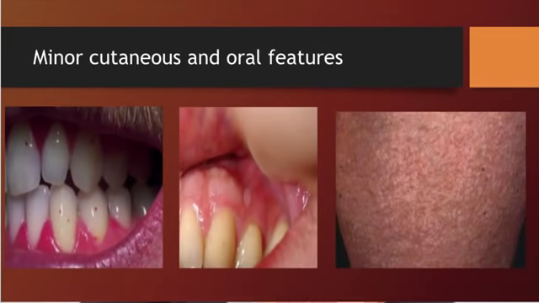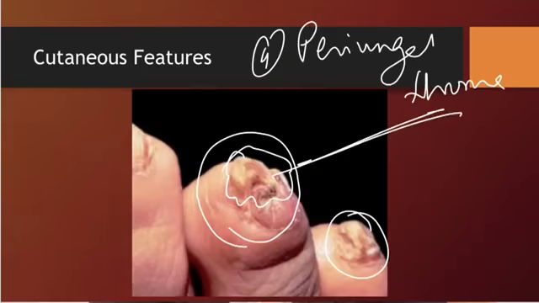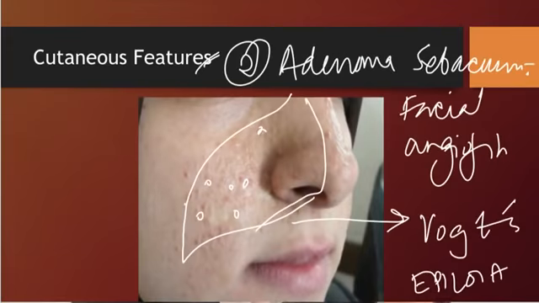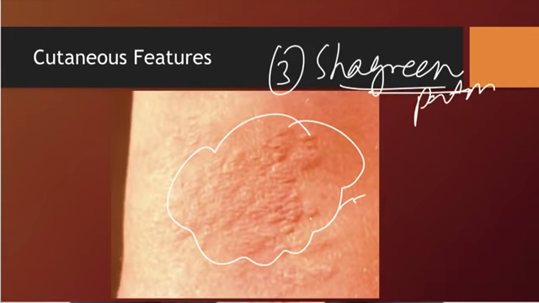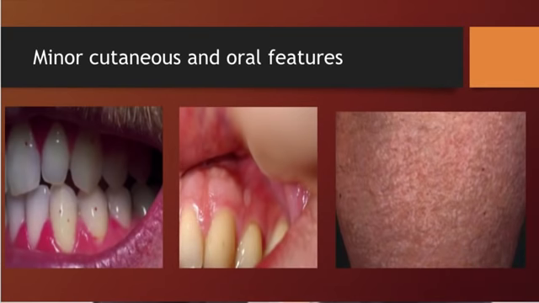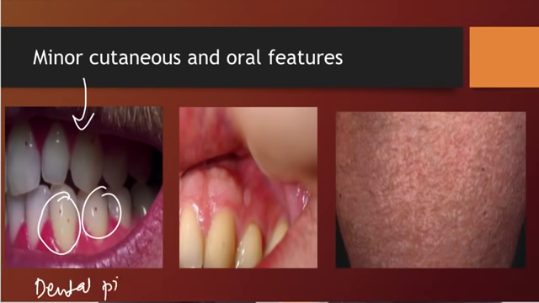Minor cutaneous features. So these three that we've discussed, which include ash leaf macules, adenoma sebaceum and shagreen patches, were all major criteria. And also periungual fibromas, which makes it 4 cutaneous major features. The minor cutaneous features include these. Here is what is called dental pitting, which is a minor feature.